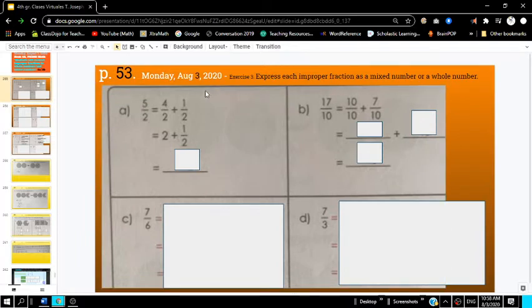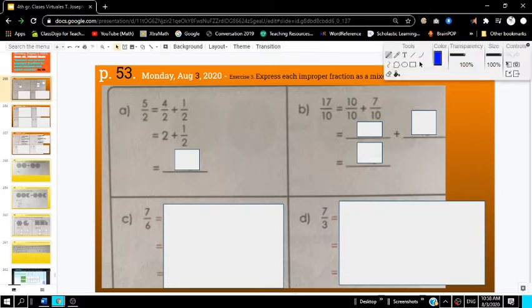We have 5 halves. Now I know that 5 halves equals 4 halves plus 1 half. It's very important that we understand that 5 halves is equal to 4 halves plus 1 half.